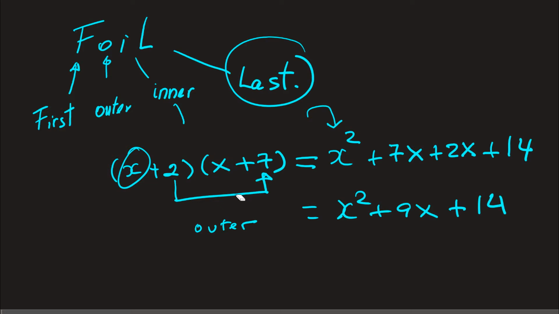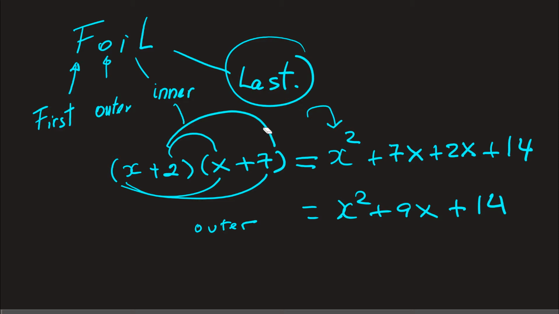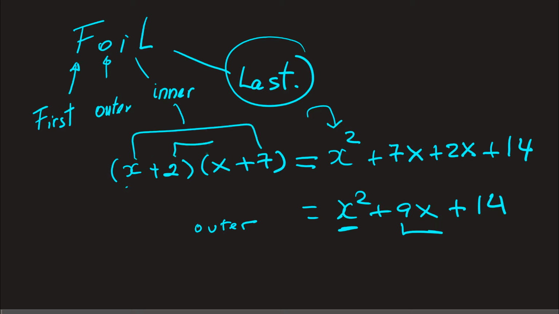Notice, it is okay. You can review it doing it one by one. This times this, plus this times that, plus this times that, times that. It is fine. But see, this is the square of the first. This is the addition of the outer and the inner.